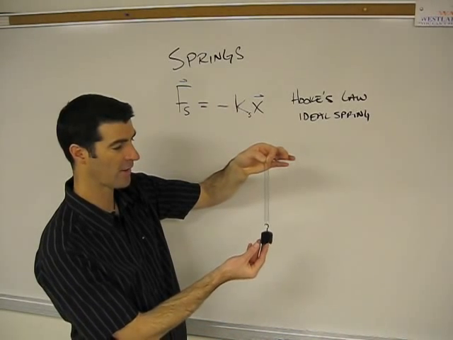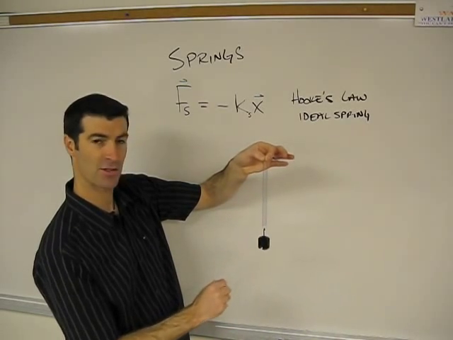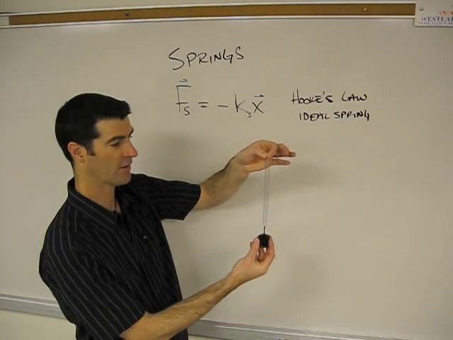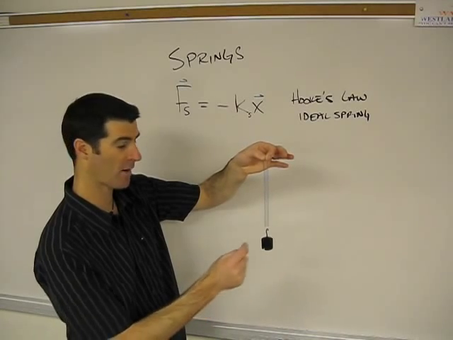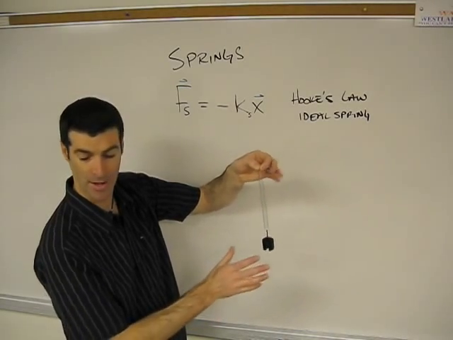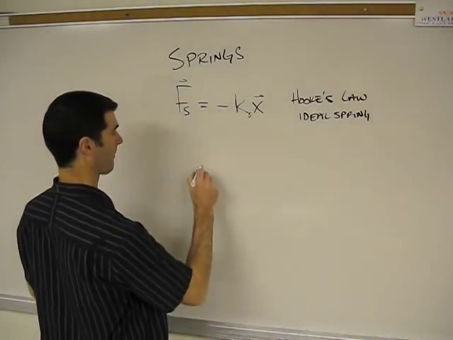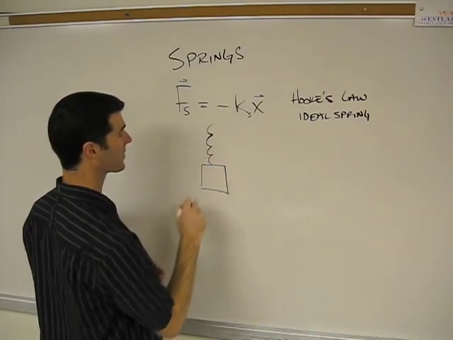The first thing we're going to look at, though, is if we let it come to rest, we notice that the spring is stretched longer than its original length. So here's its original length, here's its stretched length at rest. So we're going to do a free body diagram on the mass and look at what's happening to the mass. So we have our mass, it's stretched the spring.